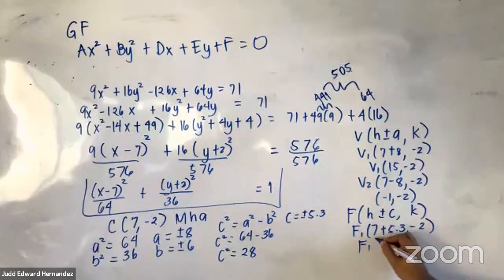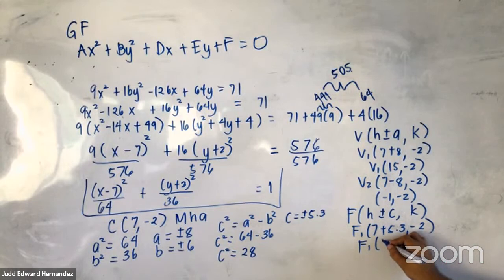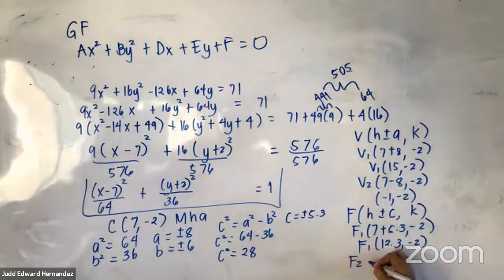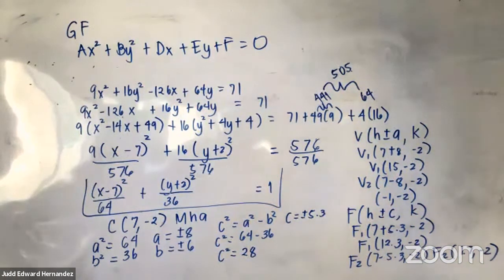What is 7 plus 5.3? That becomes 12.3, negative 2. And our F2 is located at 7 minus 5.3, negative 2. Therefore, what is the value of F2? Our F2 now is 1.7, and the y coordinate is negative 2.